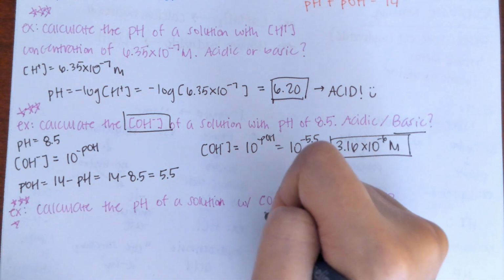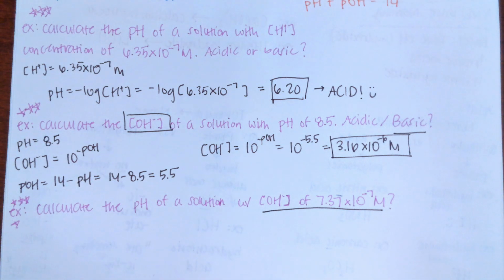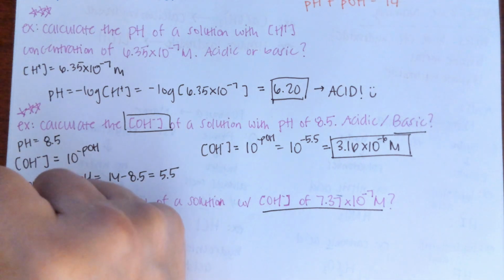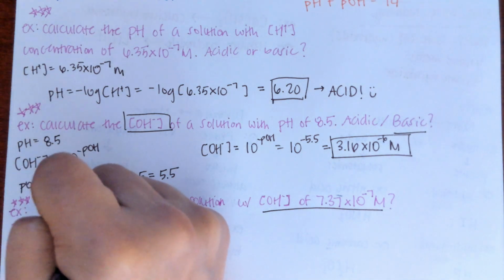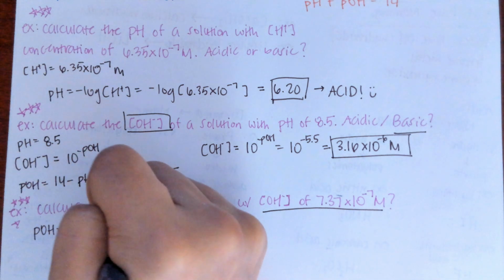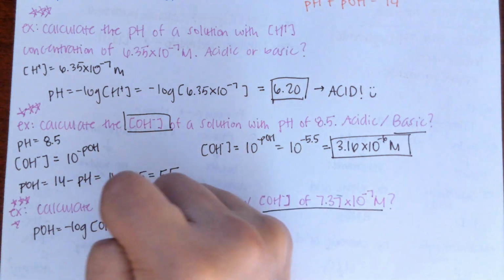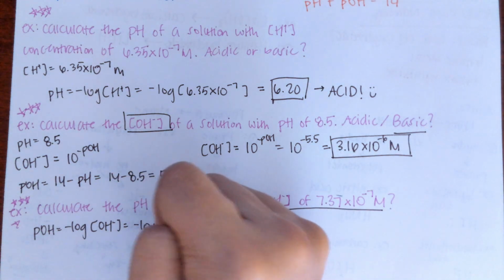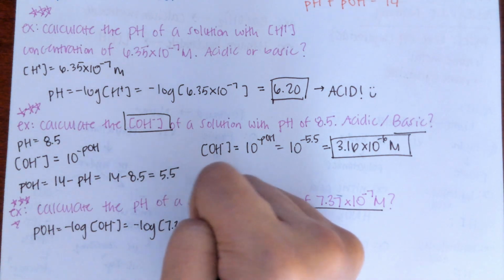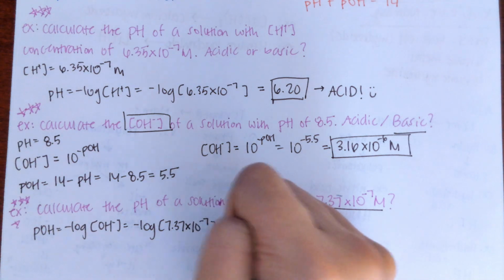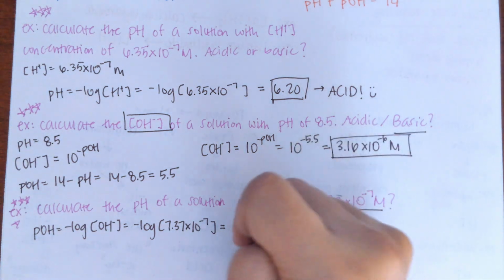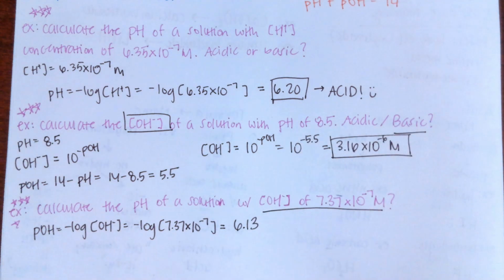Alright, so since I'm given the OH, it correlates with pOH. So I'm going to solve for that first. So pOH equals negative log of OH, so negative log of that number. So that should be 6.13.